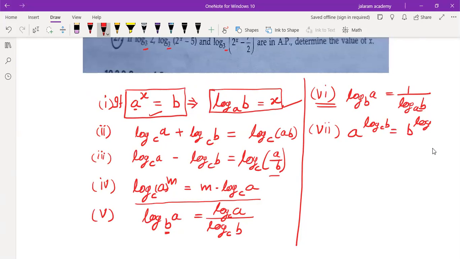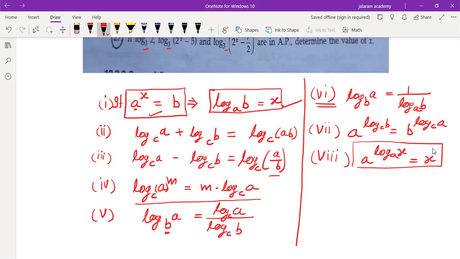Seventh property, a to the power log b base c equals b to the power log a to the base c. Okay. Eighth property, a to the power log x to the base a equals x. This property will also be used in many questions.